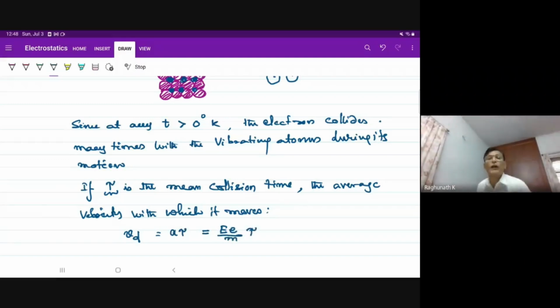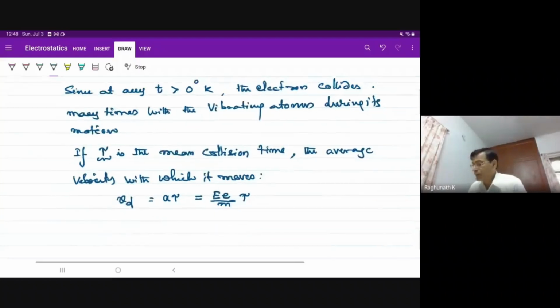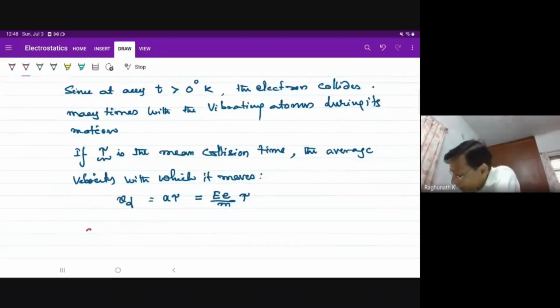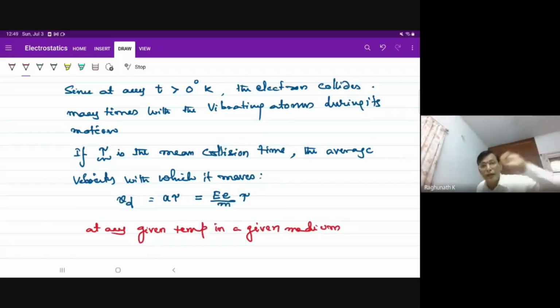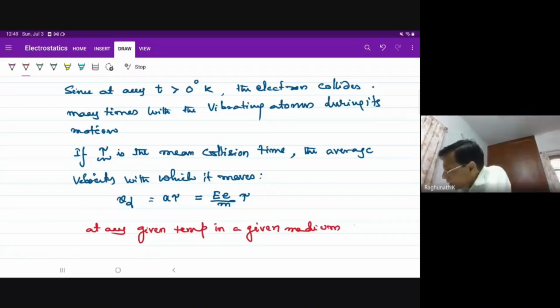For an electron in a given conductor at a given temperature, please see this. At any given temperature in a given medium, tau E by m is constant.